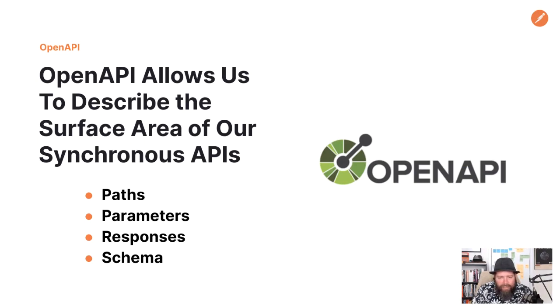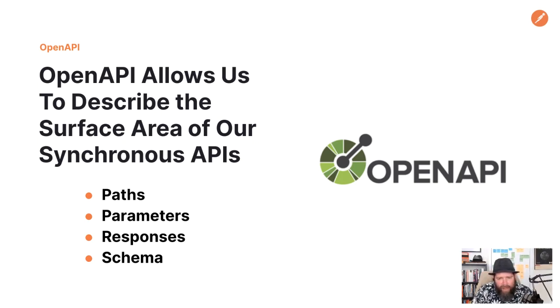Let's look at just OpenAPI. OpenAPI allows us to describe the surface area of our synchronous APIs, describing the information, what an API does, where you can find it, the servers, but more importantly, the individual paths, parameters, and detail of each response, including the schemas that are passed as request bodies or returned as part of each of the responses.